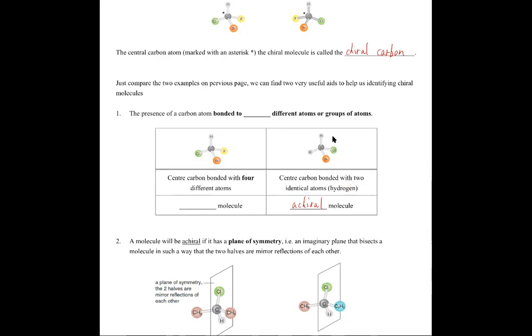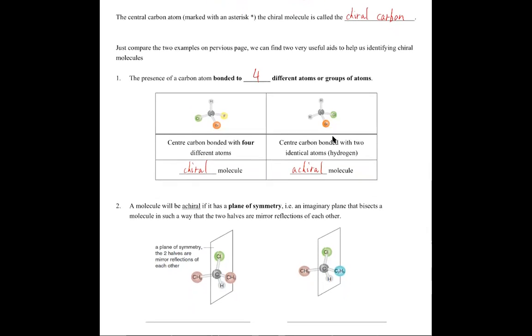But in the second model, the carbon is attached to 4 different atoms, so we could not find any plane of symmetry, and this molecule is said to be chiral. So in order to have a chiral molecule, we must have the carbon bonded to 4 different atoms or groups of atoms. It cannot be the same. If it has 2 identical atoms, then we can find a plane of symmetry.